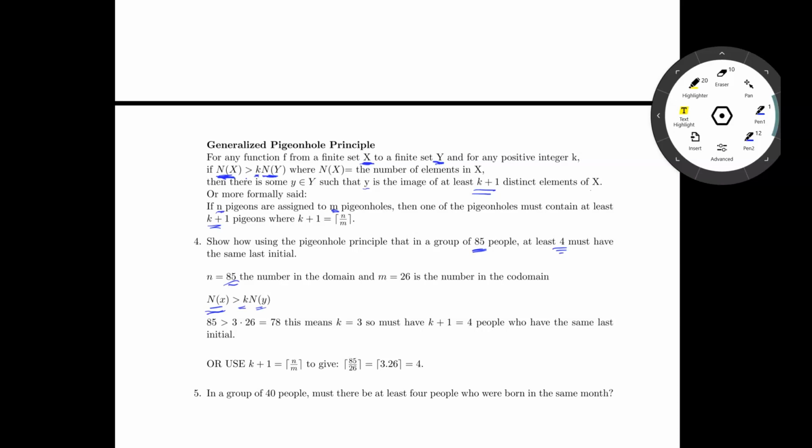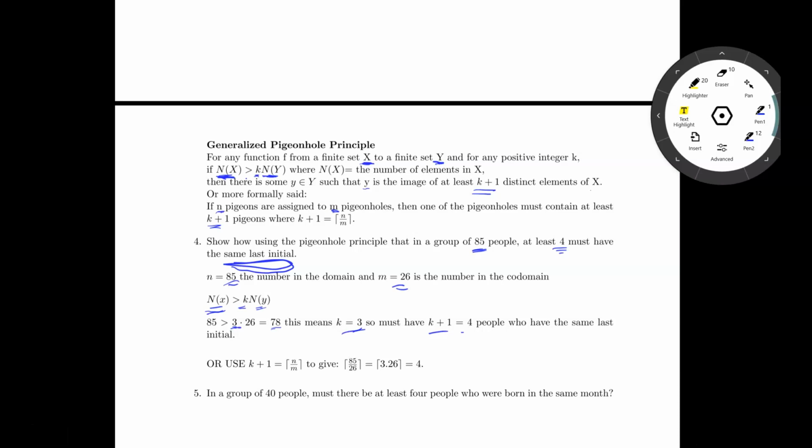Why do I have Y as 26? Oh, same last initial, sorry about that. So 26 letters of the alphabet, right? I know that 85 is bigger than 3 times 26, because 3 times 26 is 78. So k is 3, and k plus 1 is 4.